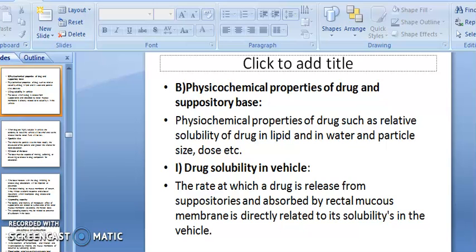Drug solubility in vehicle. What vehicle is used to dissolve your drug? The rate at which the drug is released from the suppository and absorbed by the rectal mucous membrane is directly related to its solubility in the vehicle.